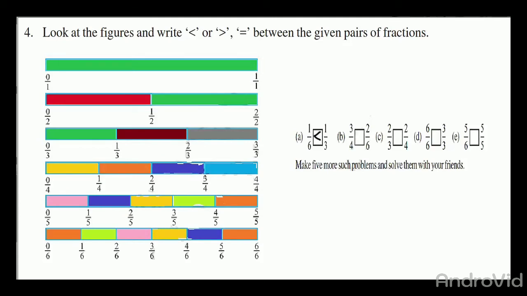It is downwards, the last line. 2 over 6. So 3 over 4 is greater, as you can see, than 2 over 6. So we have to mark it, or we can also convert it other ways. So 3 over 4 is greater than 2 over 6, as also shown in the picture.